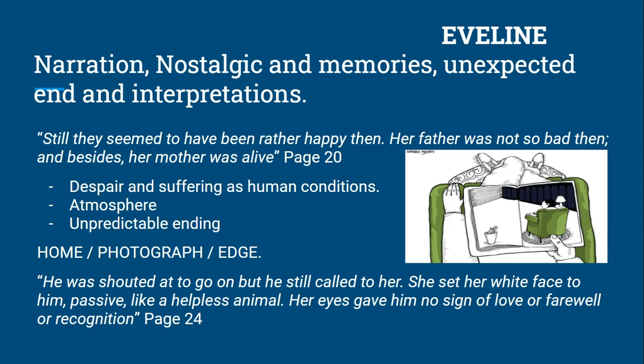For example, in one part it talks about home, the photograph, the age of Eveline, and these are facts that make us think about the past, like wanting to come back.